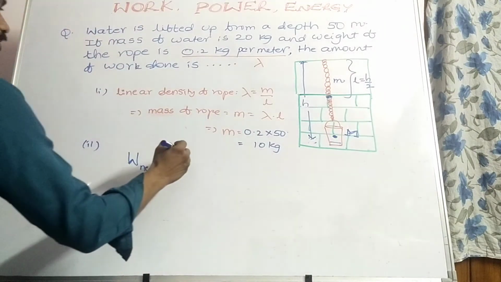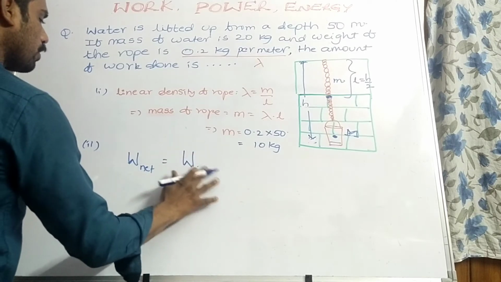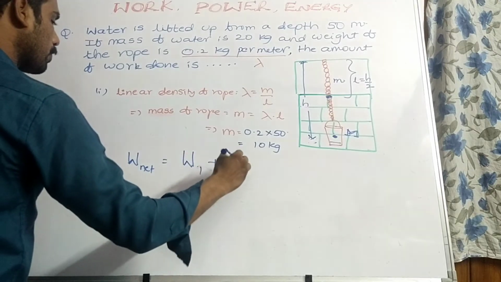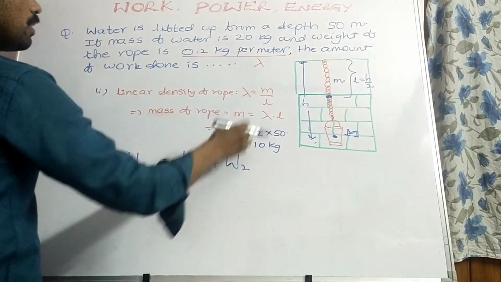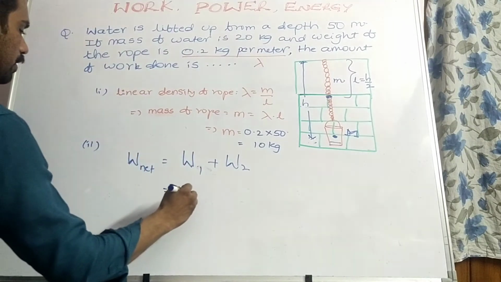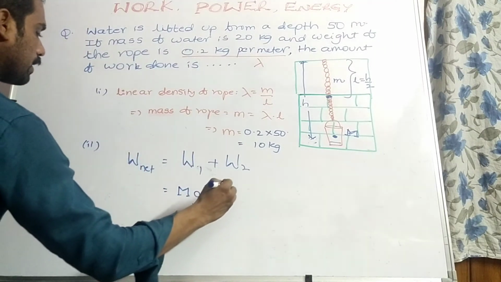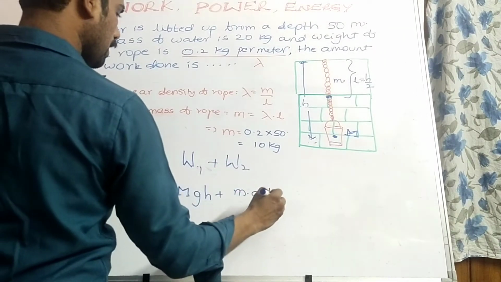So W net is equal to W1 plus W2, the work done to pull the water using the bucket, plus the rope. That's why we write capital M into g into H plus small m into g into H by 2.